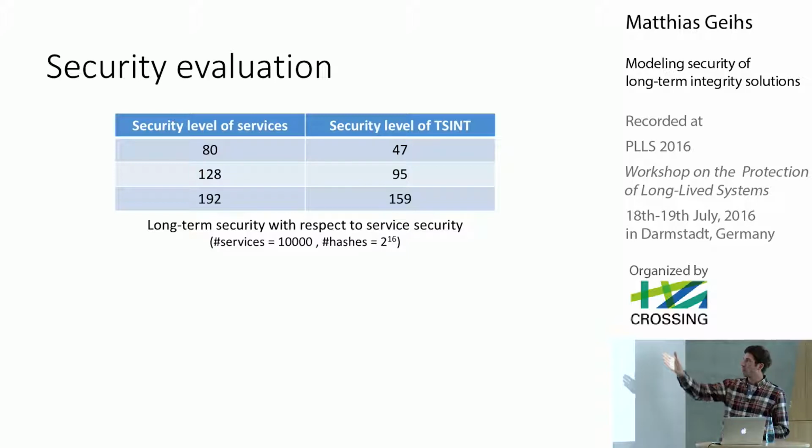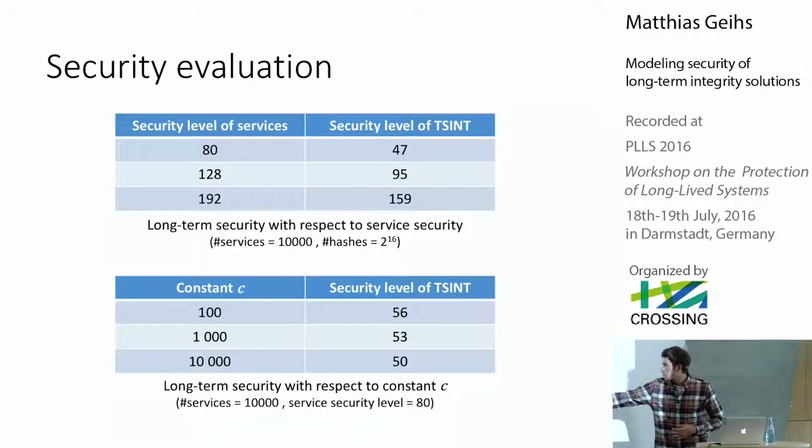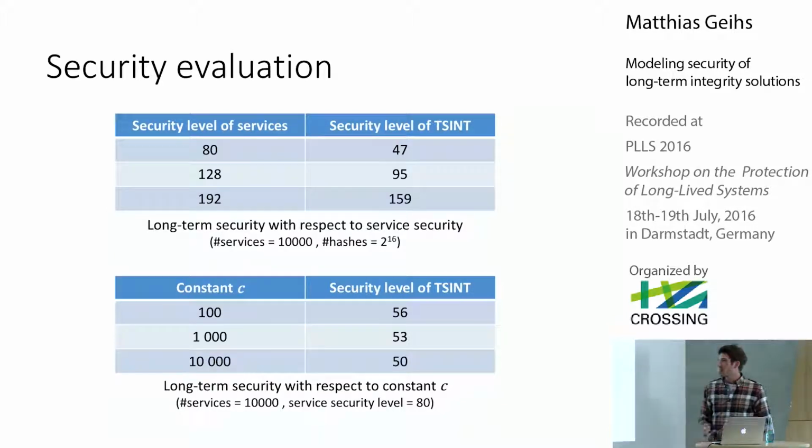The same holds if we change the constant, the number of hash values that we allow. If we only use 100 hash values, the reduction tells us that we get this security property assuming a security level of the service of 18 bits. So depending on the parameters that we use for the scheme, there's a certain reduction in security according to our reduction proof.